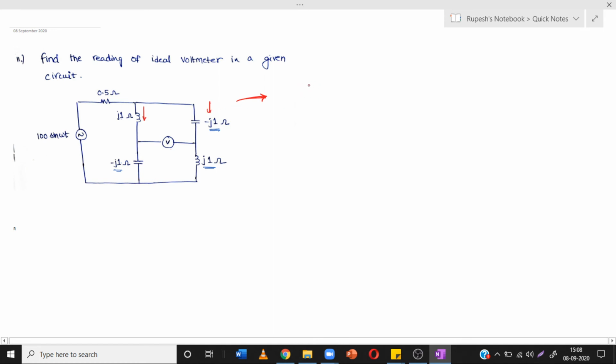So the circuit looks like this. This is 100 sine omega t. This is zero impedance and this zero impedance. And effectively it's a short circuit. Okay. So this is 0.5 ohms. So the current here, let us take I.